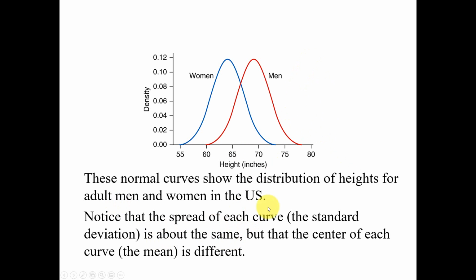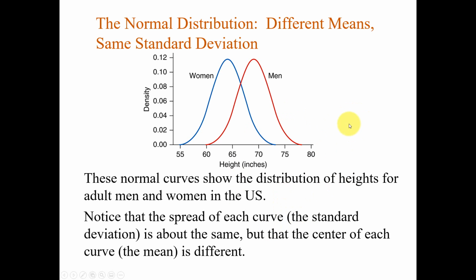Notice that the spread of each curve is about the same, but the centers are different. So they have different means because they have different locations of the peak, but the same standard deviation because they have the same spread.